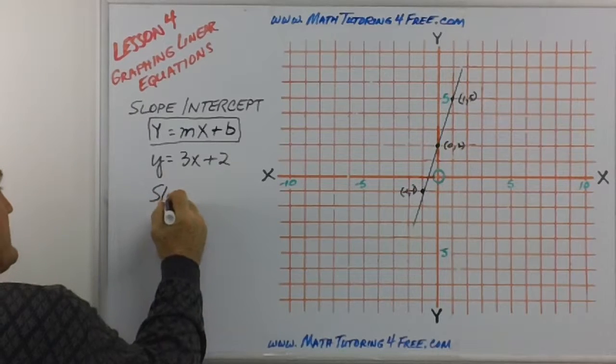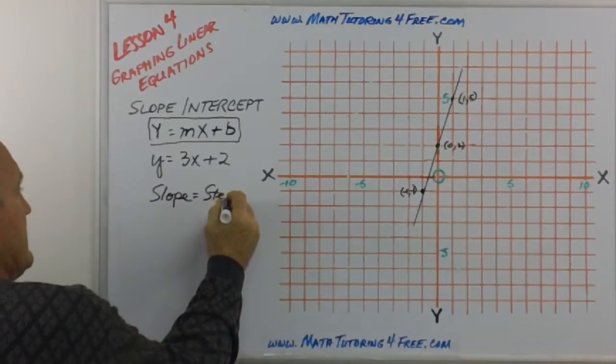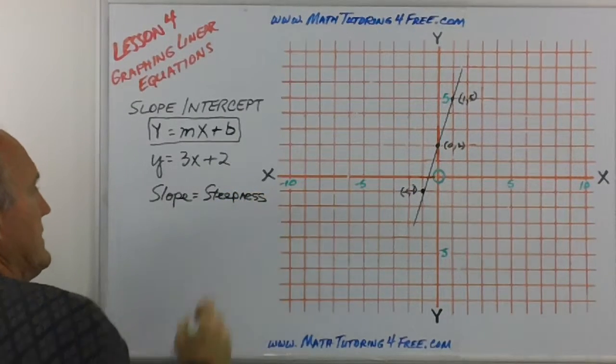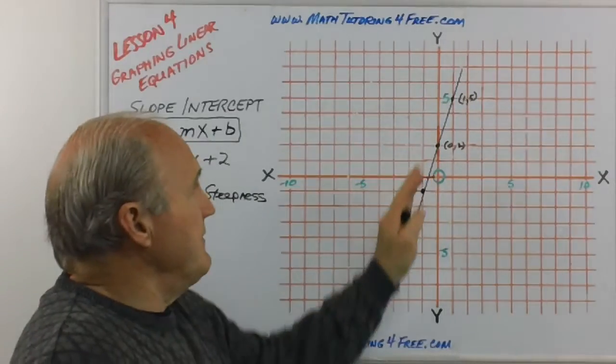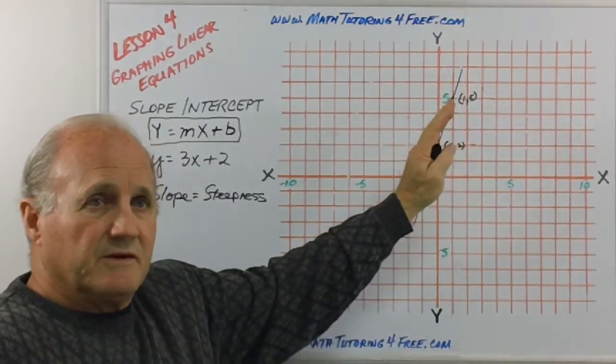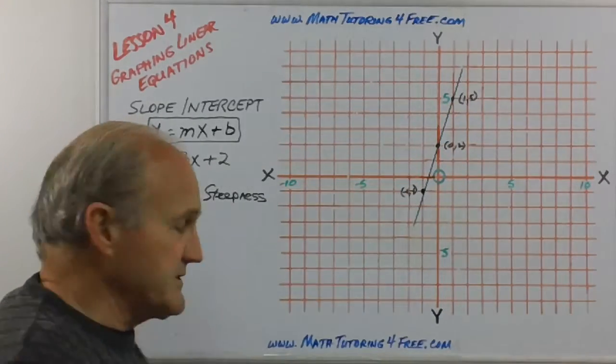The slope, I mentioned, is the steepness of the line, and the more vertical it is, the greater the slope. The more horizontal it is, the smaller the slope.